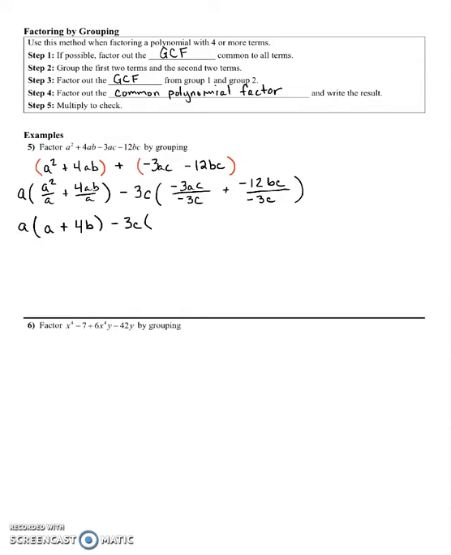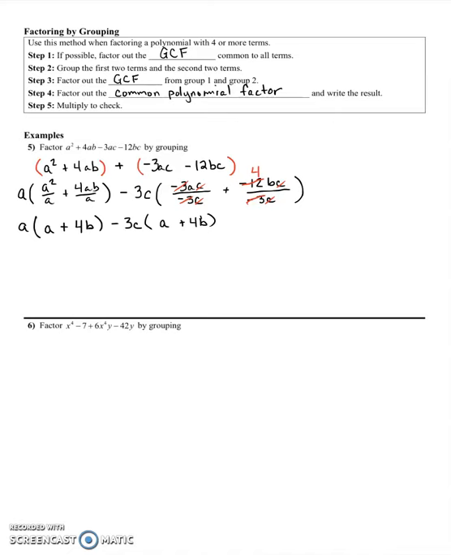Okay, in the next one, the negative 3's cancel out and the c's cancel out. So that leaves us with just an a. Negative 3 goes into negative 12 a positive 4 times, and the c's cancel each other out. So that leaves us with plus 4b.